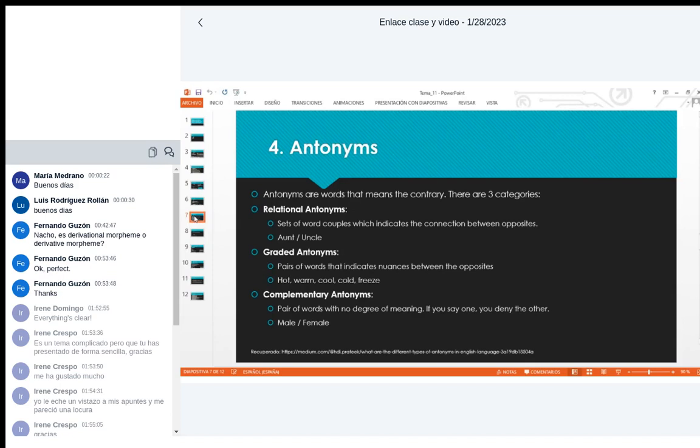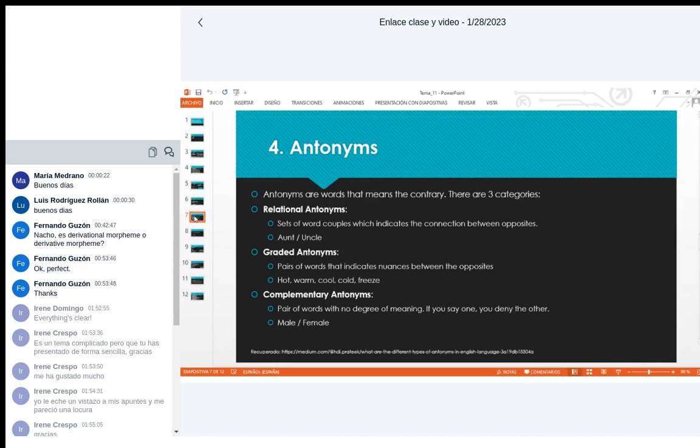But if I say hot and warm, warm is also an antonym of hot, but there's a gradation between hot, which is a very high temperature, and warm, which is a mild temperature. Although it's not as hot, it could be considered a graded antonymy. And finally, we've got the complementary antonymies, which refer to those which are completely opposite.